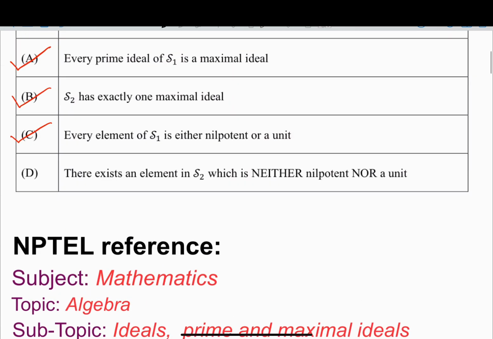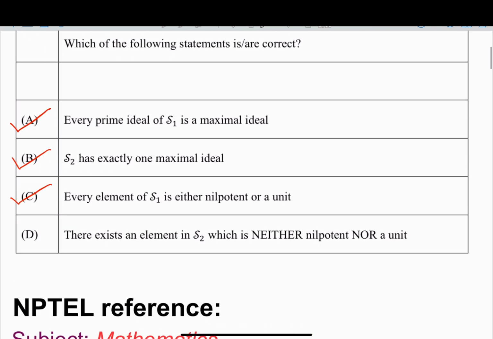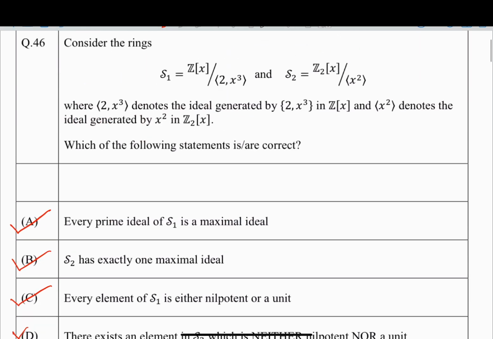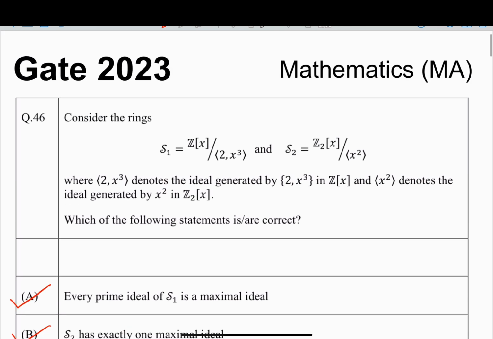So option D is false. So here A, B, C are true and D is false. Okay.